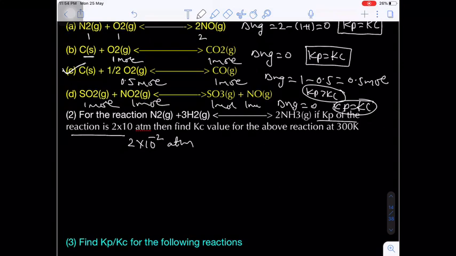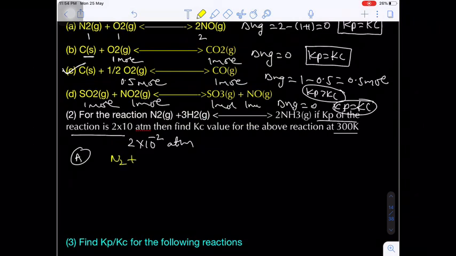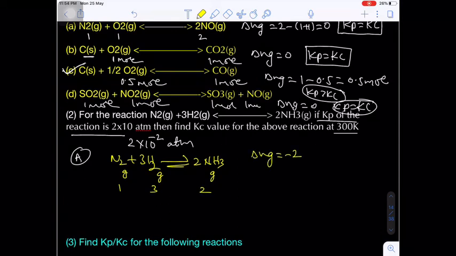Then find the value of Kc for the above reaction at 300 Kelvin temperature. First of all, write the equation. What is the given equation? N2 plus 3H2 in equilibrium with 2NH3. All species are gases. Now here 1 mole, here 3 moles, here 2 moles. So what is the delta Ng value? That is equal to minus 2.